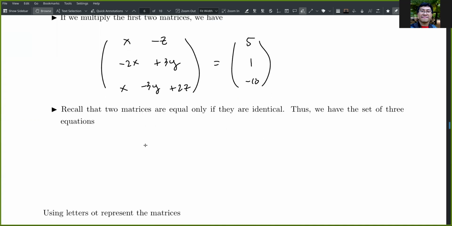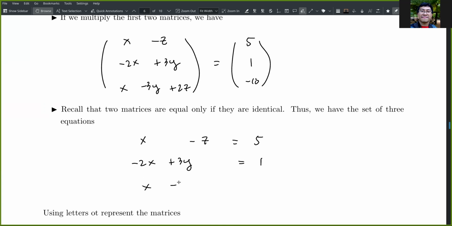So you can write this as a set of equations. x minus z equals 5. Negative 2x plus 3y equals 1.